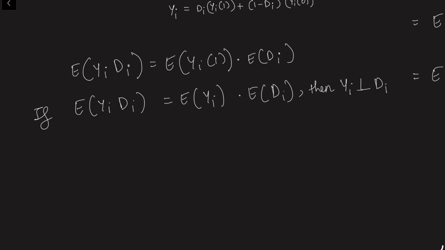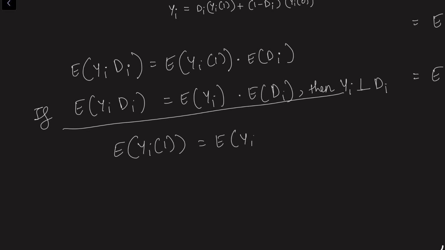So what would be necessary for this statement to be true? We would want the expectation of the potential outcome to be equal to the expectation of the observed outcome. Now if that's true, then the observed outcome is independent of treatment assignment.